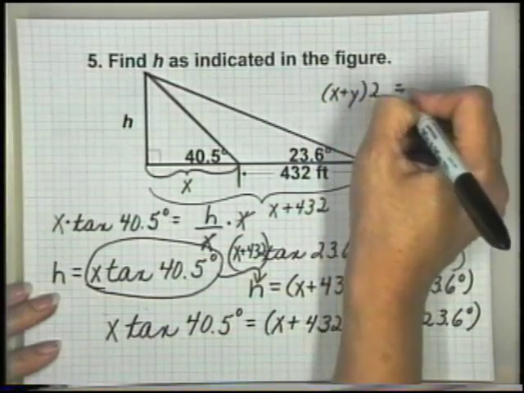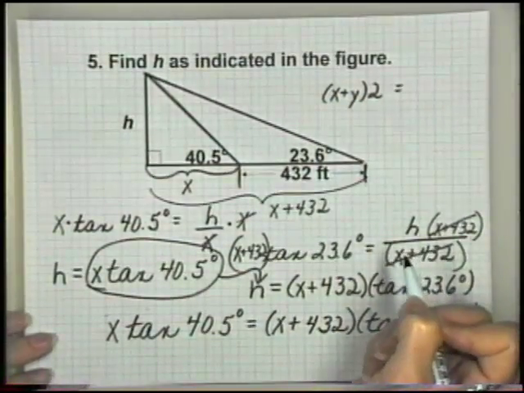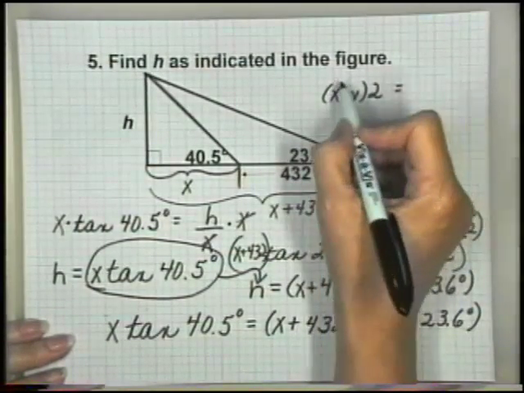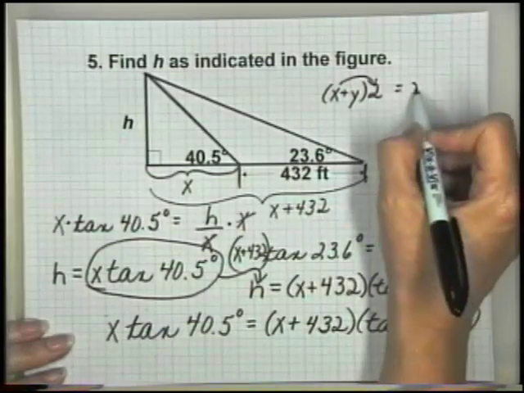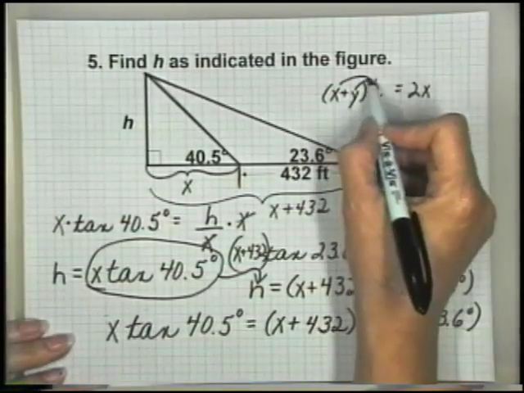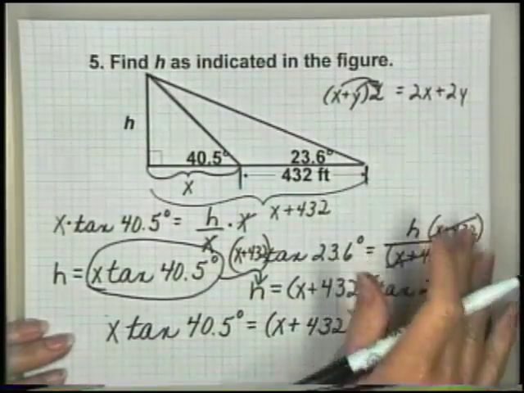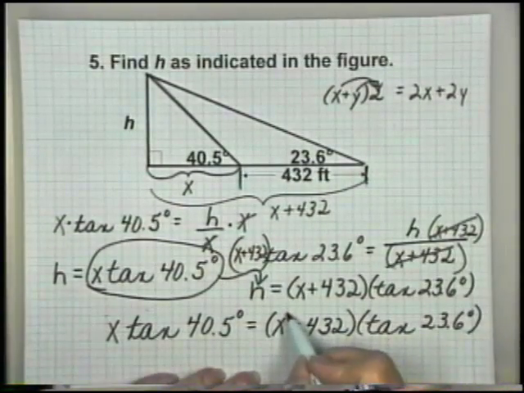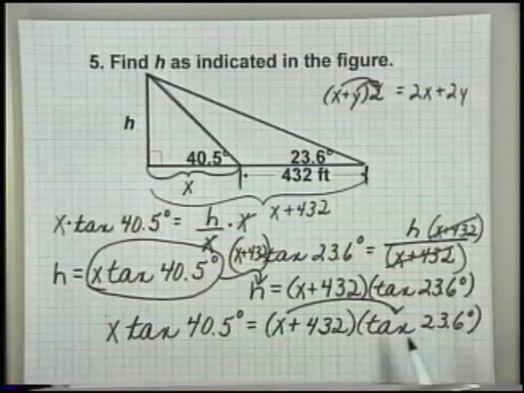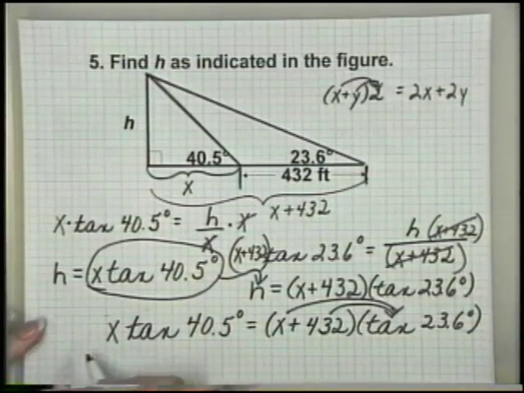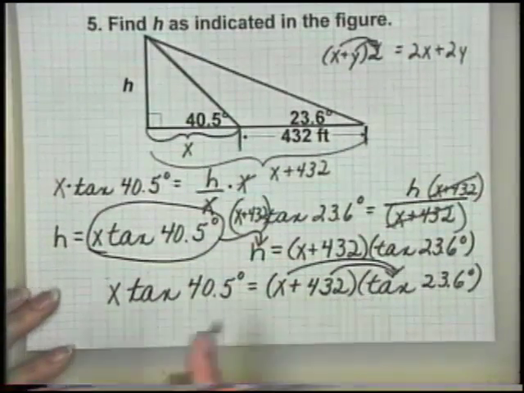If I had x plus y with a 2 out there, how do I remove the parentheses? I can distribute the 2 to each of those. I can say x times 2 is 2x, and y times 2 is 2y. So I'm going to do that here. I'm going to distribute the x to this number and then distribute the 432 to that number.